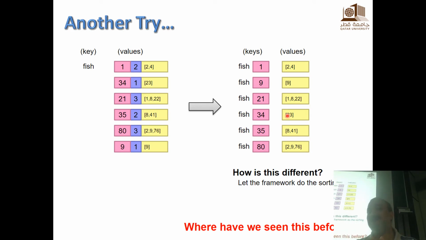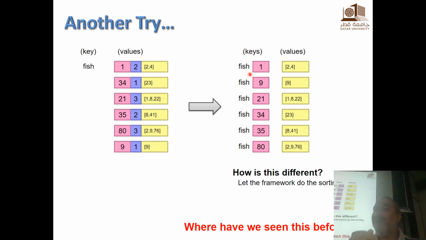Okay, what I wanted to say is that the reduce function will be called with that order of keys. Now, remember that we want to create the posting list for each unique term. So all postings for fish will come sorted by document number. Then another term will start, right?